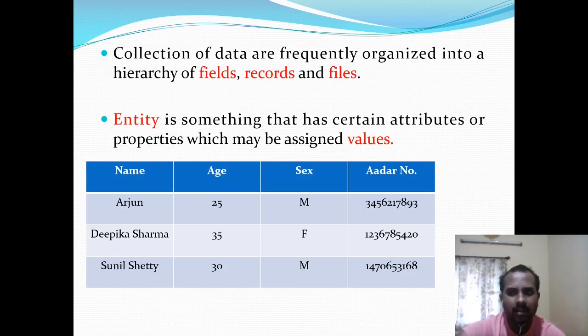Next is record. Record is a collection of fields of a given entity. For example, Arjun 25 M Aadhaar card number 346217893. This one line or one row forms one record.